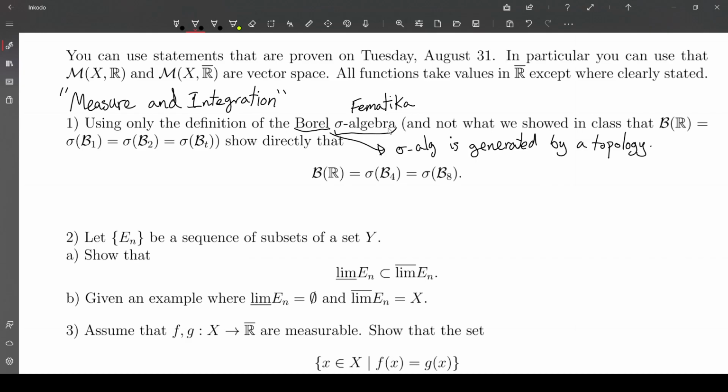A topology is a collection of subsets. A sigma algebra is also a collection of subsets that is closed under complements and countable unions.